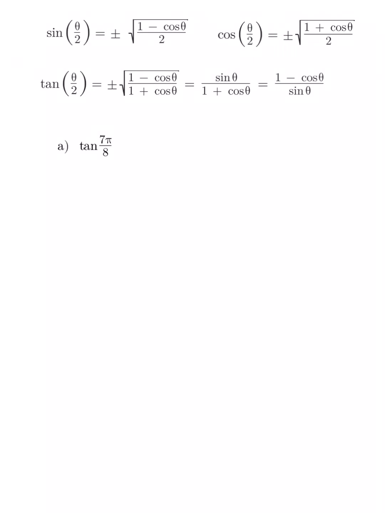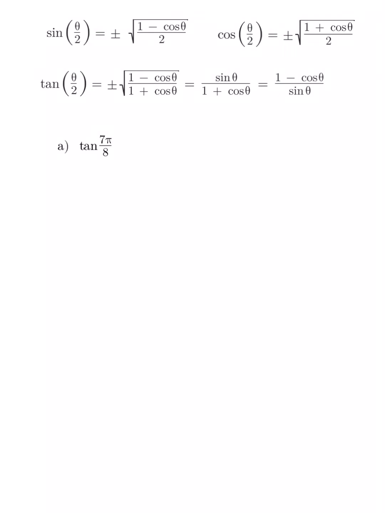The first example we are going to do is we need to find the tangent of 7 pi over 8. 7 pi over 8 is not on our unit circle. But if we do a little bit of algebra, we can find an angle measure on the unit circle, and 7 pi over 8 is half of that angle measure.